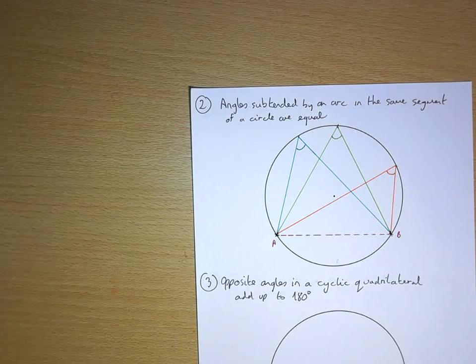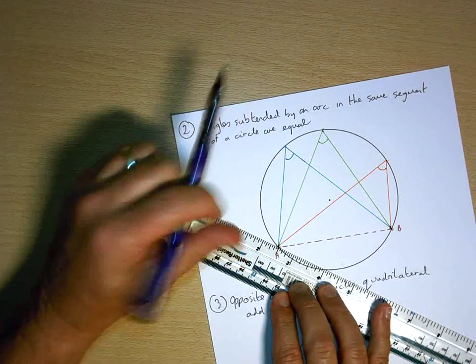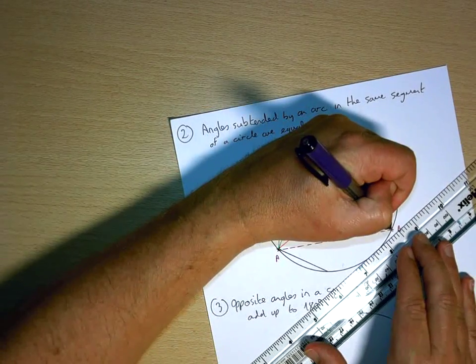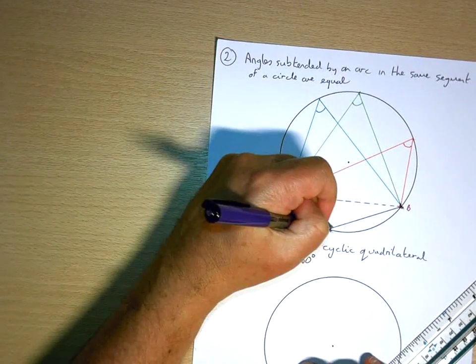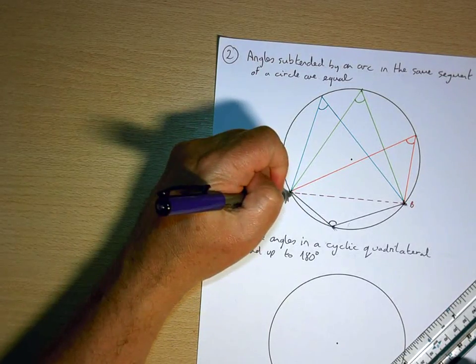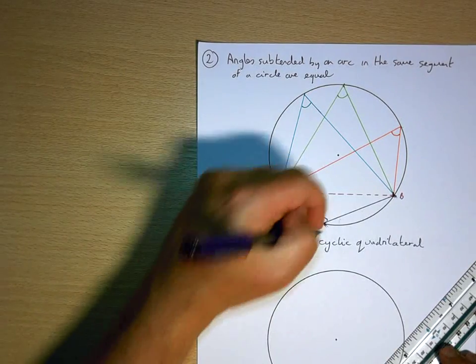So if it came down this way, so I'm working in the minor arc, that angle there is different to those ones up there, but it'll be the same as any other angle I fire within that segment.